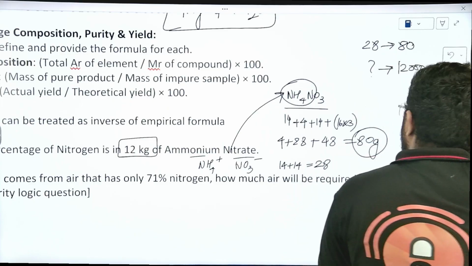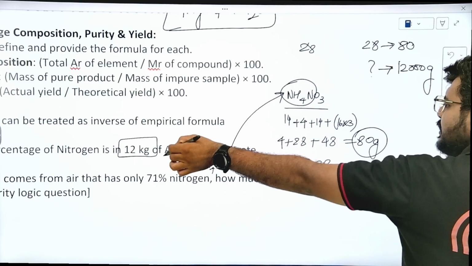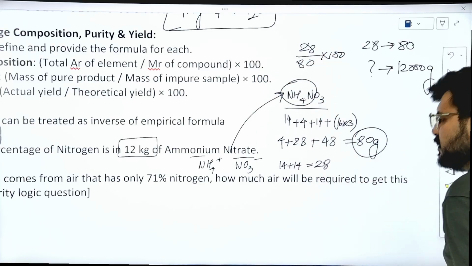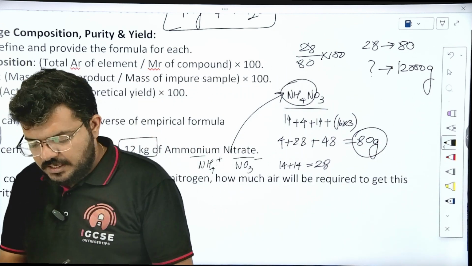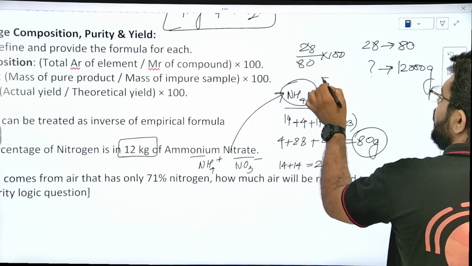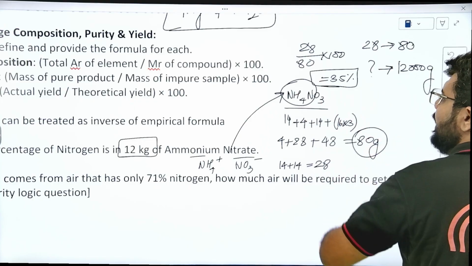So I don't even need to consider the 12,000. That is just redundant information for at least this question. So 28 upon 80 into 100 is the percentage of nitrogen in this compound. 28 upon 80 into 100 gives me 35%. 35% by mass.